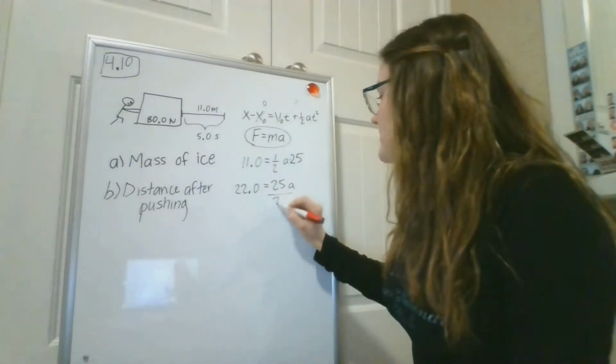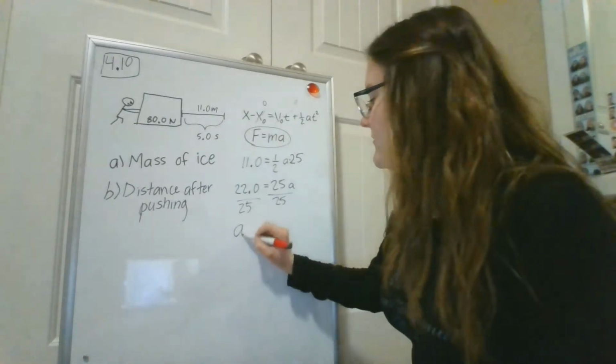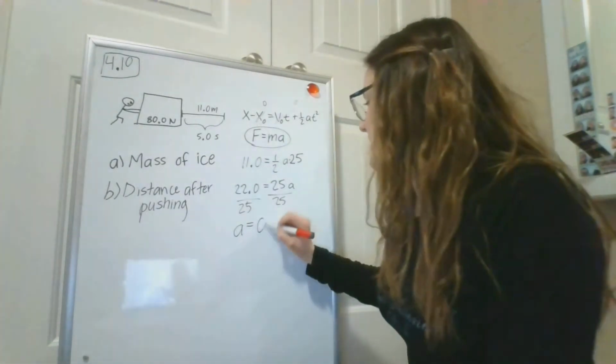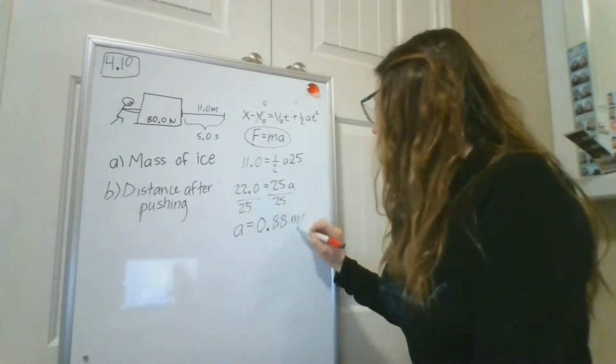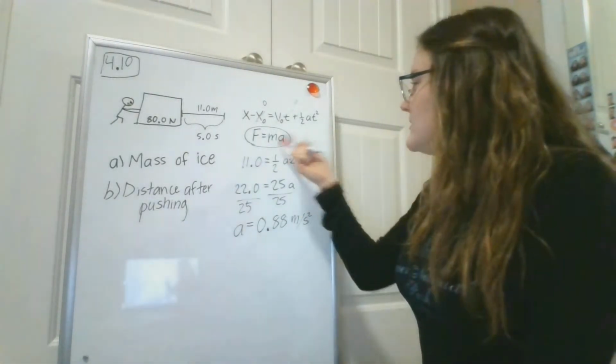Then we would just divide by 25. And when we divide by 25, we find that our acceleration is equal to 0.88 meters per second squared.